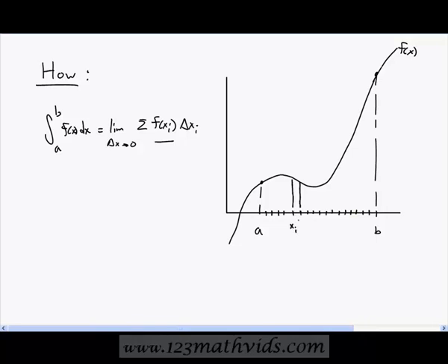And our definition here says that if we take the limit of this process as these intervals get very, very small, that will give us the exact value of the integral. And so we're going to change that to find our approximate value by just not taking the limit. Instead, we can dictate how big we want that interval to be, and then we'll be able to find out our approximate value. And so really, all we're doing is replacing this with just the sum instead of the limit.